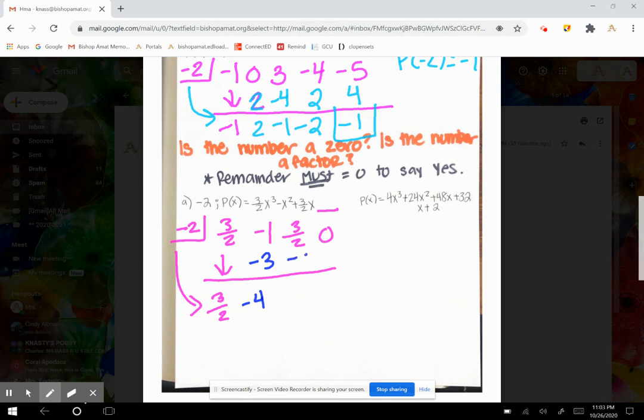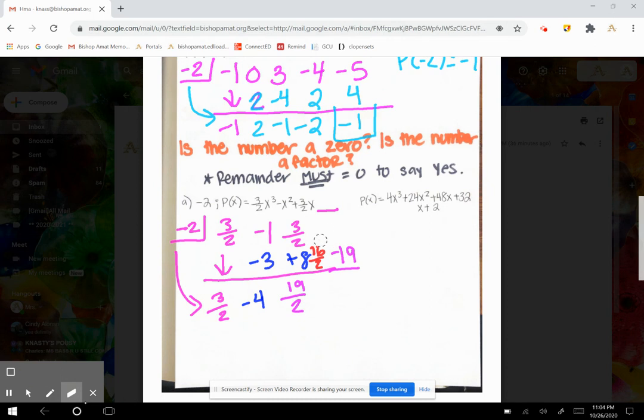This gets you -8. Nope, +8, I'm sorry. So if I need to, I should change that 8 into a fraction, so it's 16/2. That gives you 19/2. And then -2 times that gets you a -19.